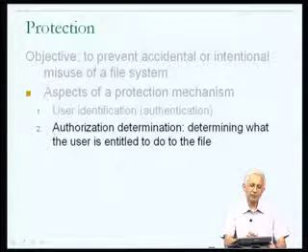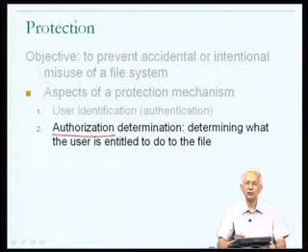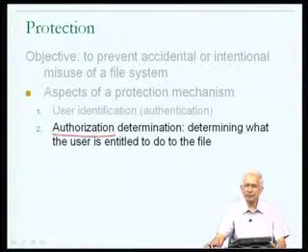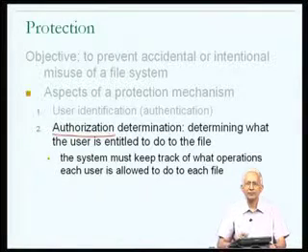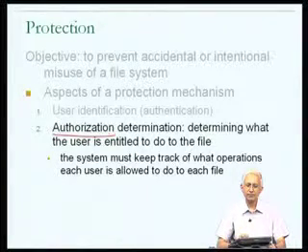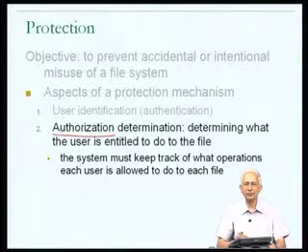And that is what we might refer to as determining what the user is authorized to do in connection with a particular file. Now, this itself may seem like a trivial problem, but if you think about it a little bit, you'll realize that in order to do this, the operating system, the file system, will have to keep track of what kinds of operations each user can do for each file.